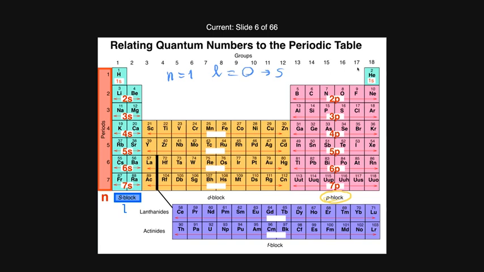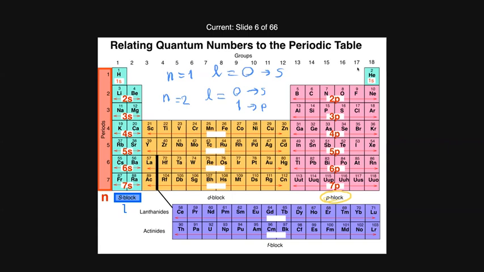However, when you increase n to 2, you have more options for L. L can be either 0 or 1. When L equals 0, this is S, so it would be 2s. When L equals 1, this is P, so it would be 2p.